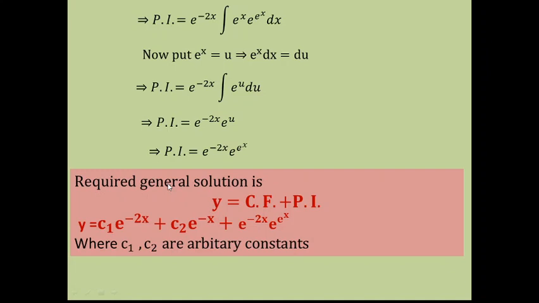Though I will suggest that if the function falls under cases 1 to 6, apply those special cases, because those are the shortcut methods. As compared to the general method, they are easy to apply and easy to implement. So we will solve only those problems which cannot be solved by case number 1 to 6.